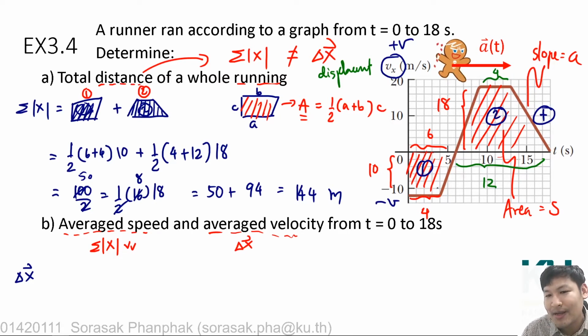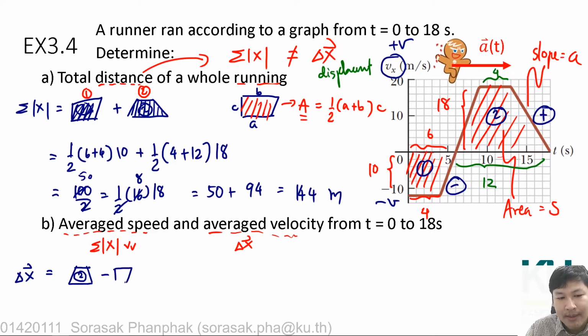This is the minus v direction, so this is a minus sign. So rather than summing it up, you have the above one, which is number 2, minus the below one, which is number 1. So now you get 94 minus 50. So your result is 44 meters. This is your displacement.